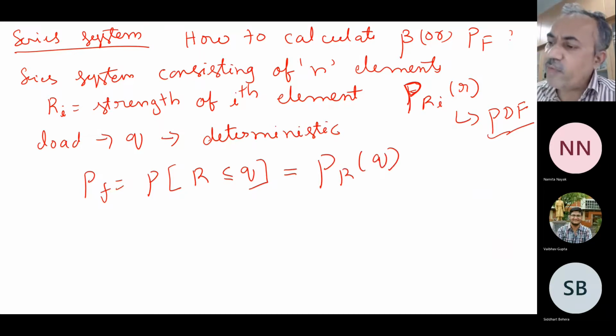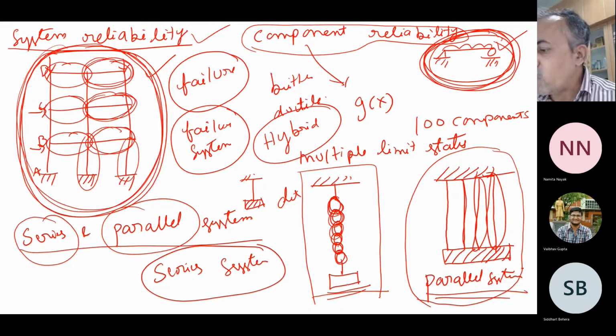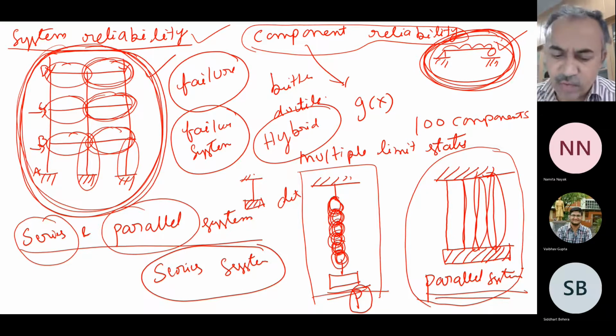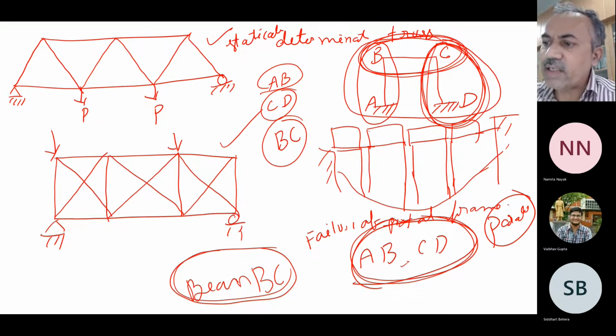Now if it is in a series system, if it is in a chain kind of thing, and the load is P, what will be the load carried by each element in the chain? If it is in series, this chain, the load is P, so the load carried by all the elements will also be equal to P. Generally in a chain you can easily find out; if it is in a determinate truss, you may have to do some calculation.